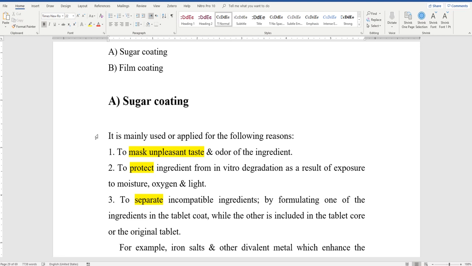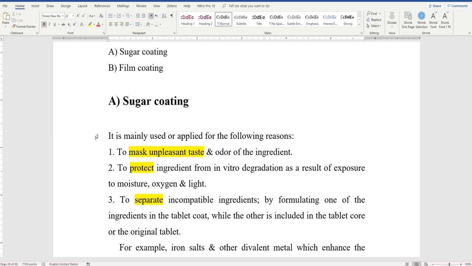And another reason for sugar coating is to protect the ingredients inside from degradation because of moisture, oxygen, and light in the surrounding. But we have to be careful here because the sugar coat itself can be affected by the moisture around.